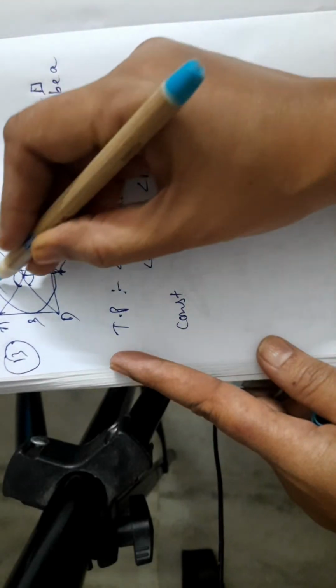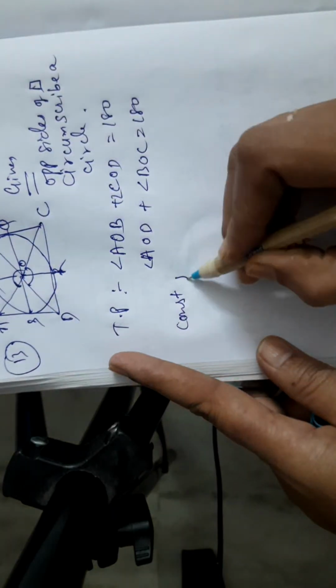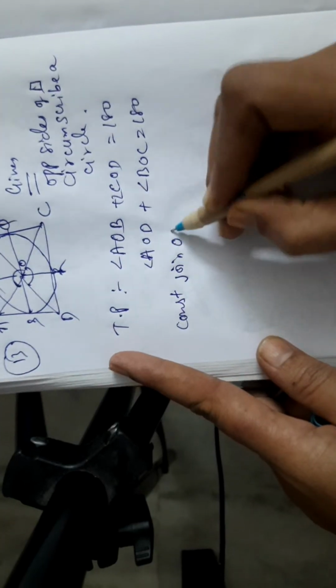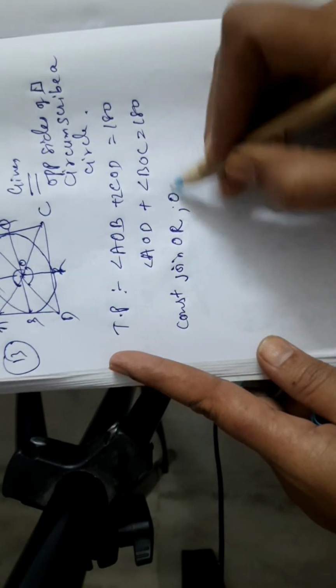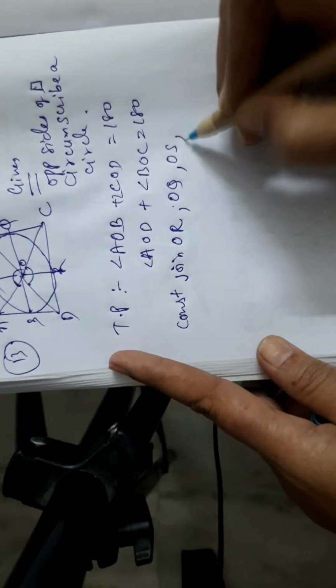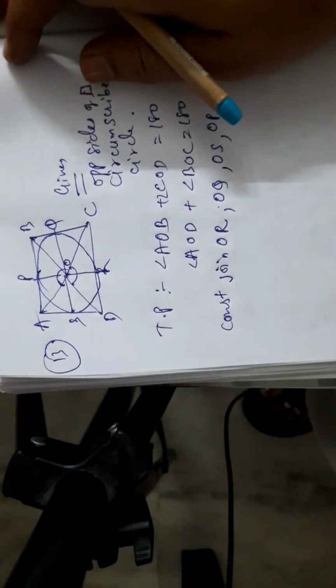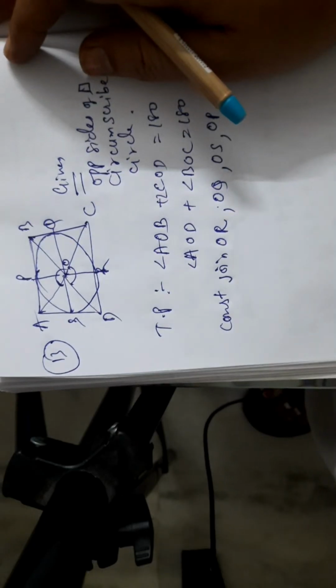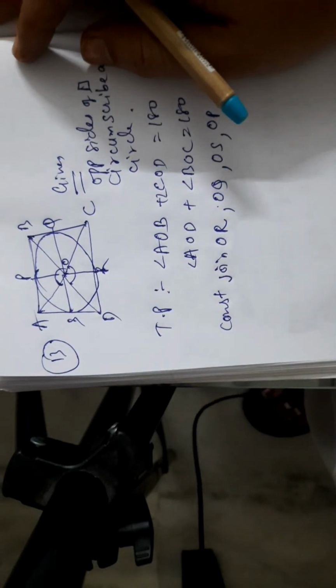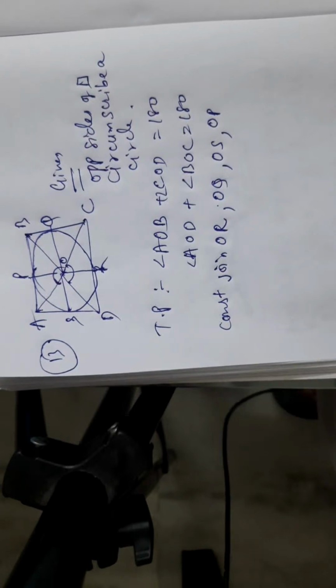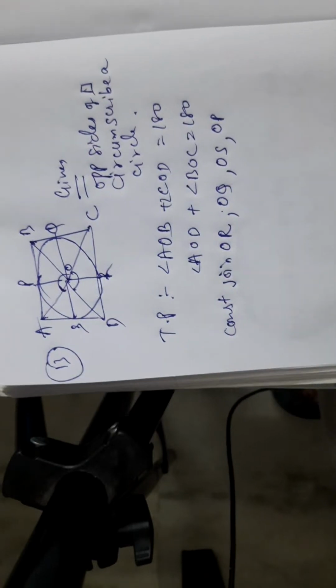Join OR, OQ, OS, OP. This construction. In this chapter, if you go in sequence where the questions are interrelated, it will be easier for you to learn rather than randomly solving it.